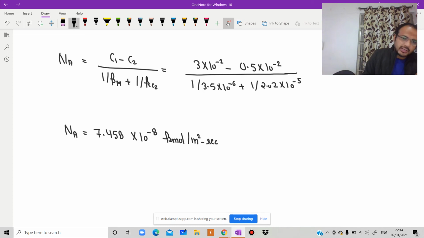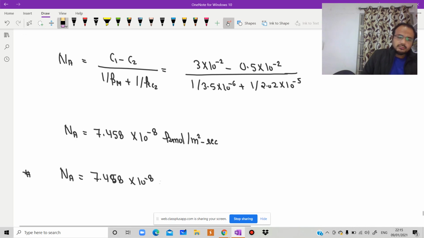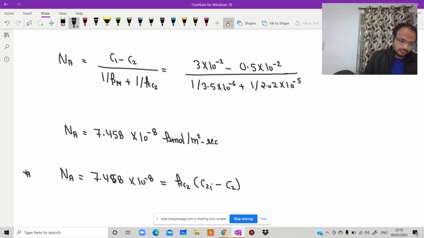Second part. Now we need to calculate C2I. We know that at steady state, Na is 7.458 into 10 to the power minus 8, which should be equal to Kc2 times C2I minus C2, that is 2.02 into 10 to the power minus 5 times C2I minus 0.5 into 10 to the power minus 5.